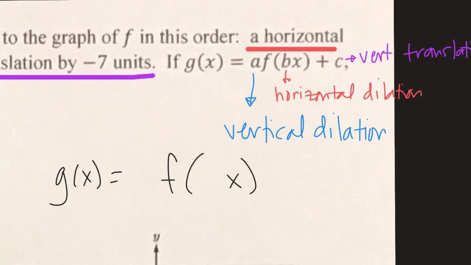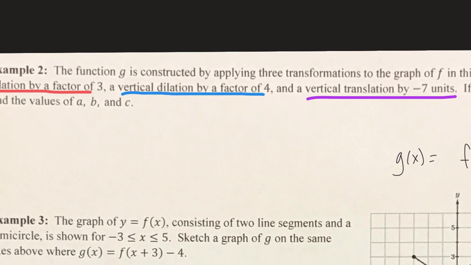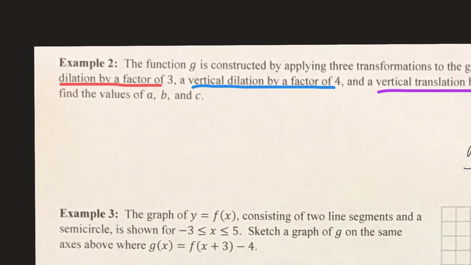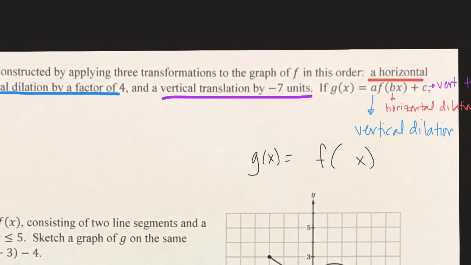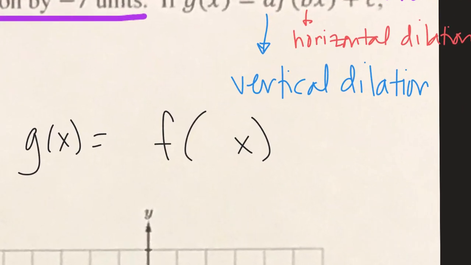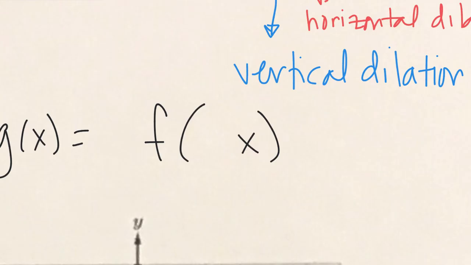So our horizontal dilation, what was my factor? 3. So if I have a multiplication factor of 3, what does my coefficient look like? That would be a 1/3, right?